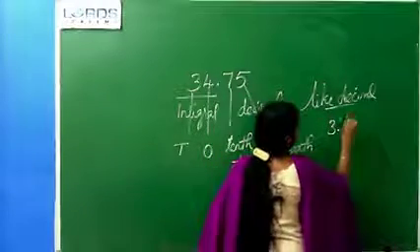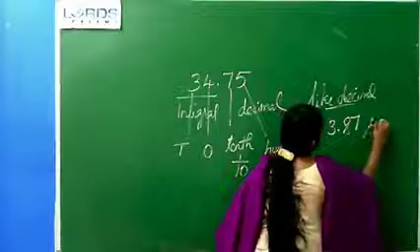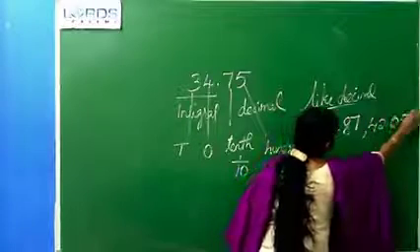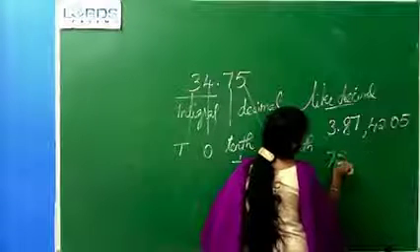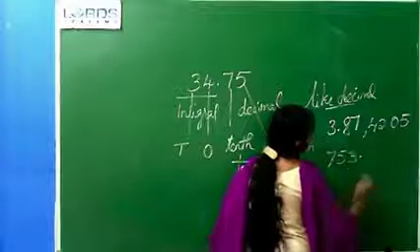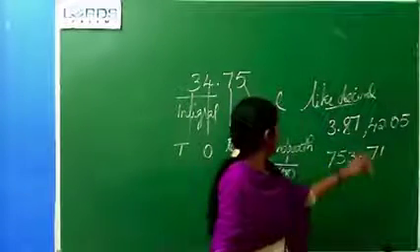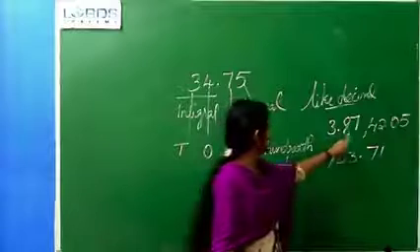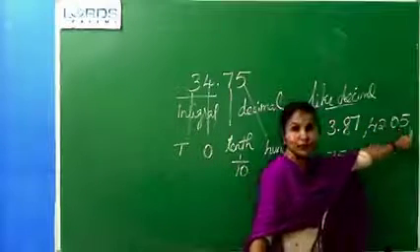See here: 3.87, 42.05, 753.71. After the decimal, 2 places. After the decimal, 2 places.